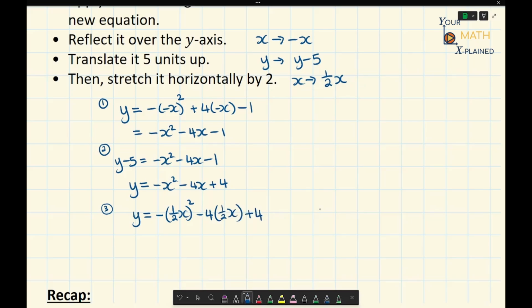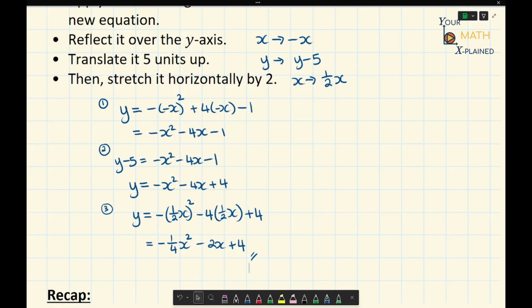And then finally, we're now going to simplify this, and that is going to end up with negative 1 over 4 x squared minus 2x plus 4. So this is going to be our final equation.